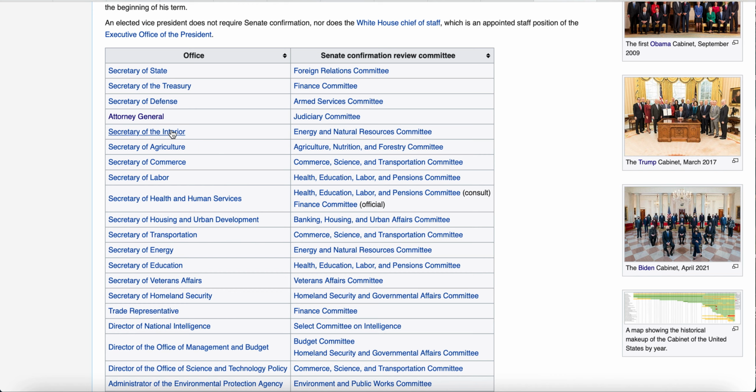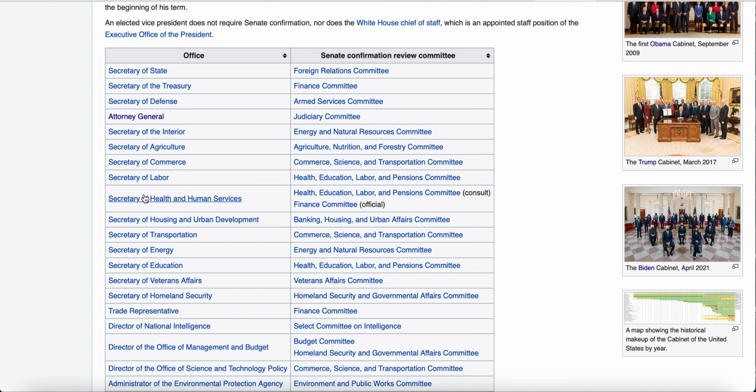The Secretary of the Interior is in charge of America's federal land. You have the Secretary of Agriculture, which deals with food. Secretary of Commerce, which deals with science as well as transportation and the interconnectedness of American society.